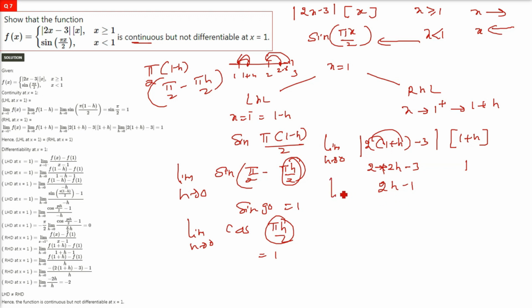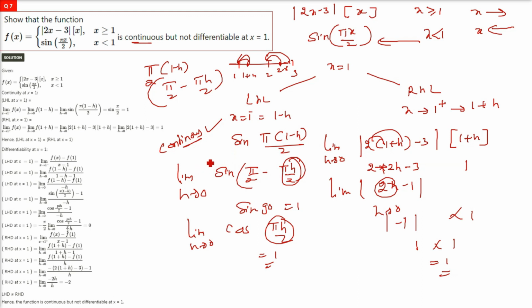So 2 minus 3 is negative 1, giving 2h minus 1. Apply h equals 0, you are going to get negative 1, and in the modulus it will be 1. 1 multiplied by 1 is 1. So the left hand limit and right hand limit are equal. LHL and RHL are equal, so this function is continuous at x equals 1.